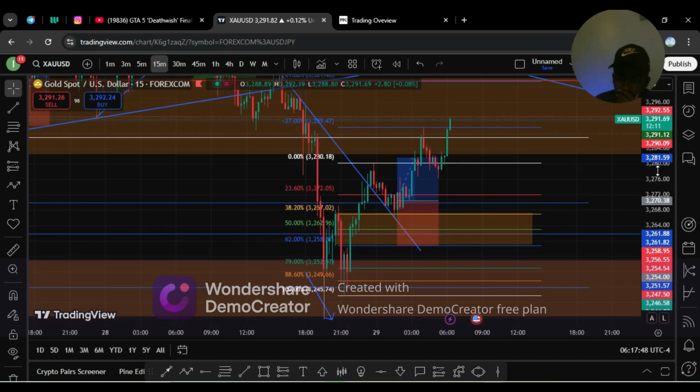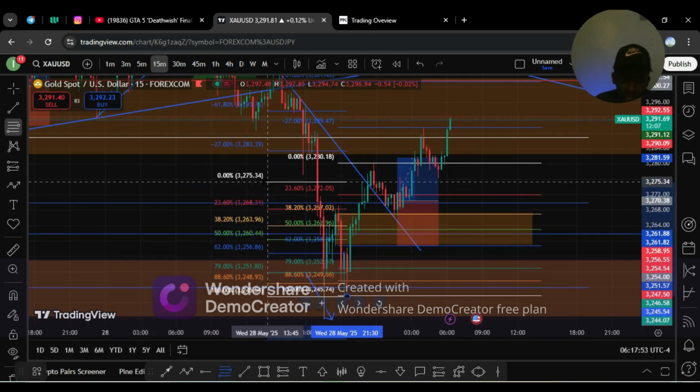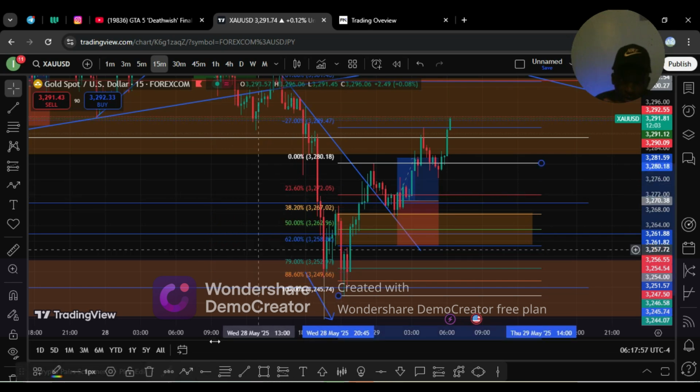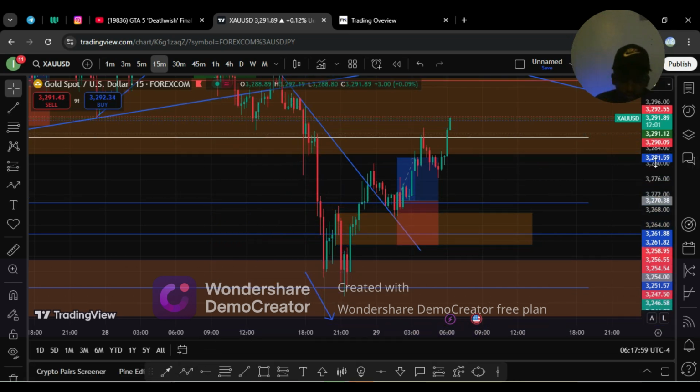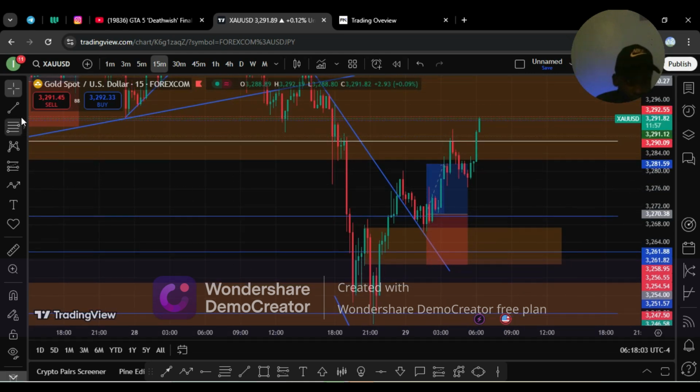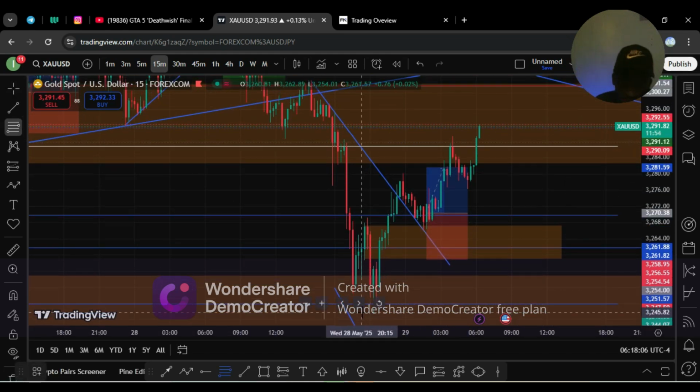For my target, I also use Fibonacci for take profits, guys. Let me first show you what I mean. Once I entered here, I had to find a point where I could exit the trade.